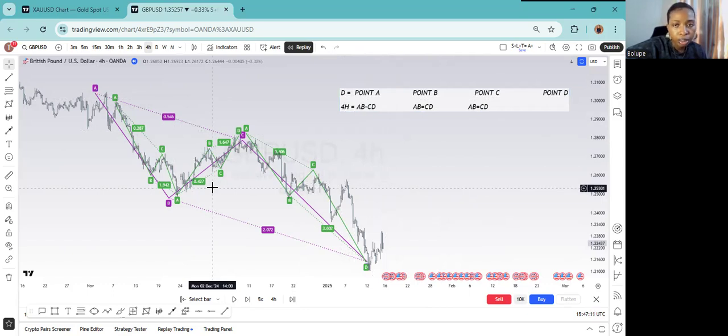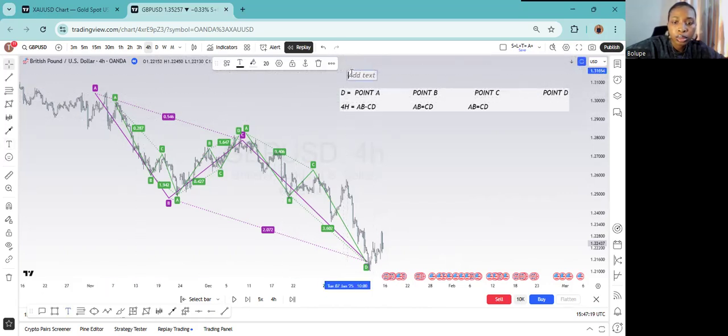Point A to B is the impulse. Let me write that out. You can call it impulse phase.